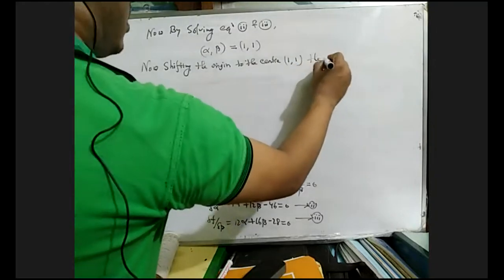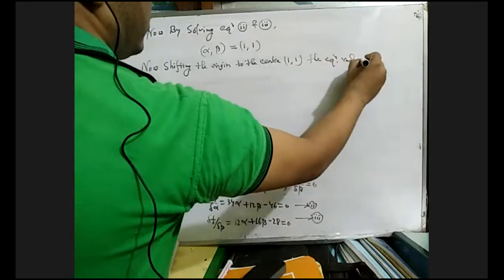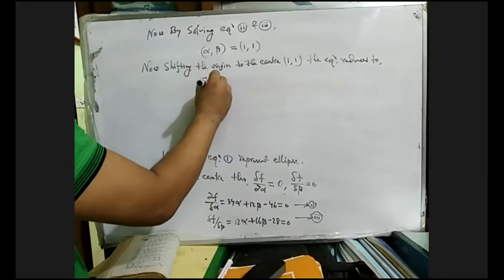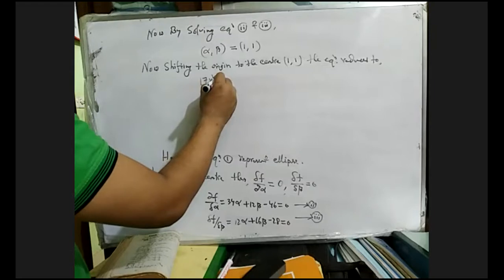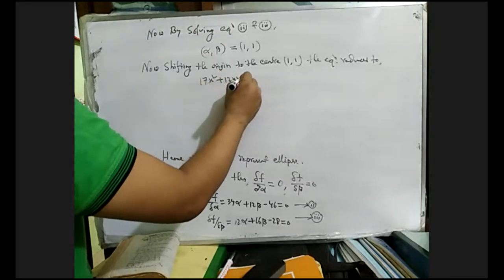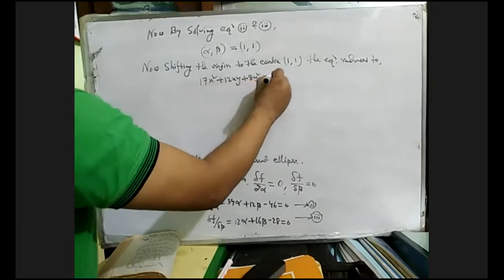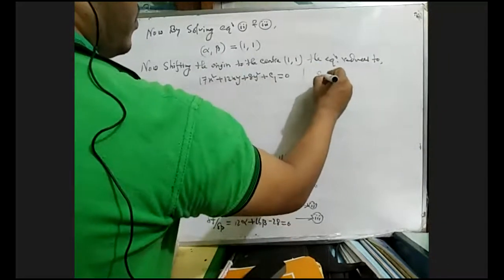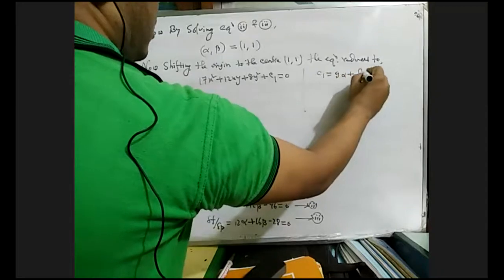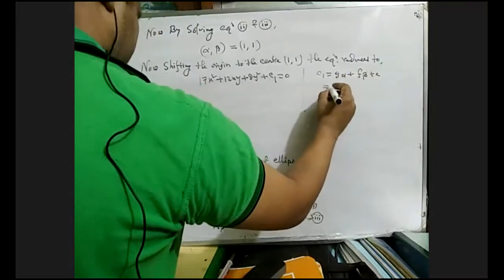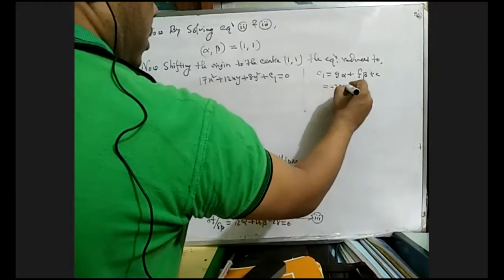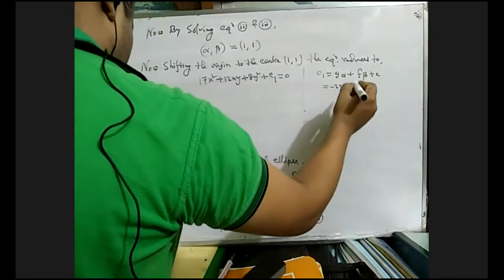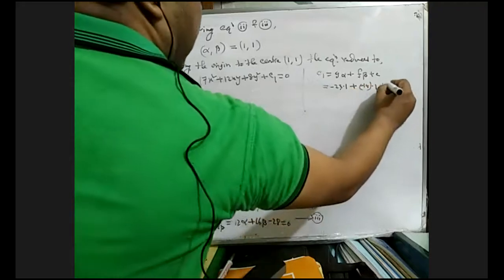the given equation 1 reduces to 17x square plus 12xy plus 8y square plus C1 equals 0, where C1 equals Z alpha plus F beta plus C. Z value was minus 23, alpha means 1, and F value is minus 14, and this also 1, plus 33.